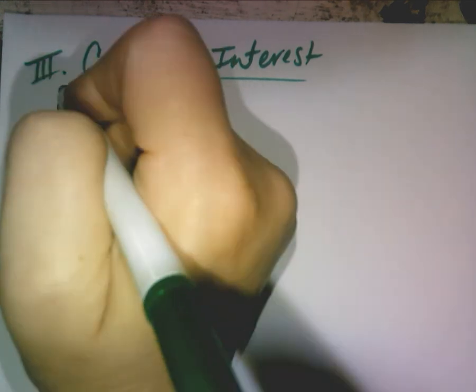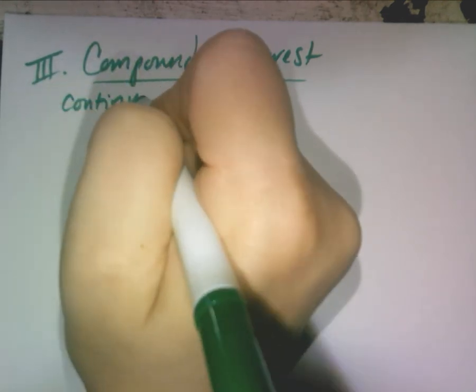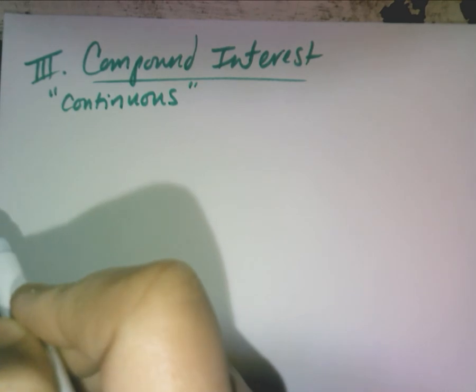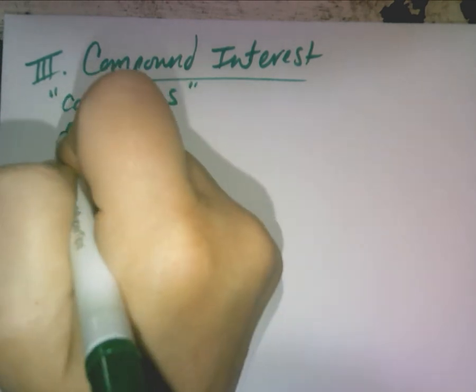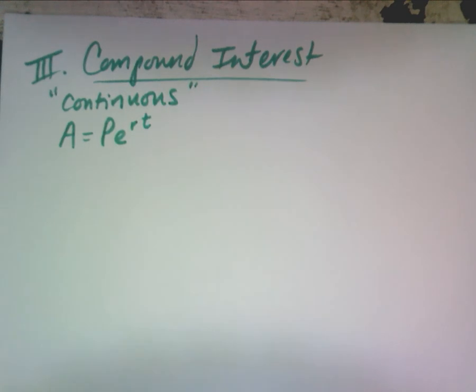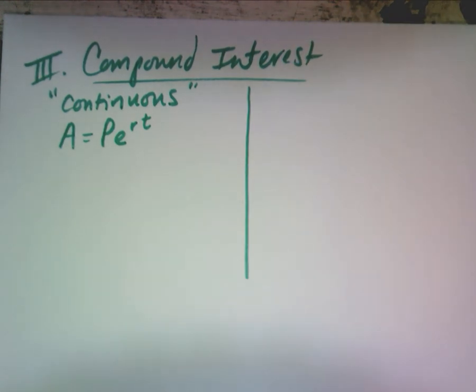There's one called compounded continuous. If they use the phrase compound continuous, you use A equals P e to the rt, or A-P-E-R-T. Have you heard us say that before? Let's just go over what those letters mean so you don't get confused.